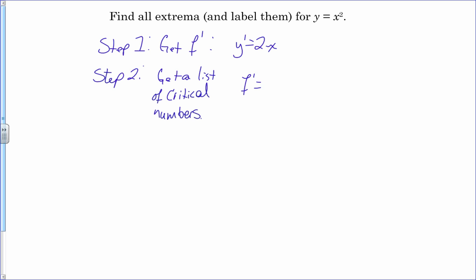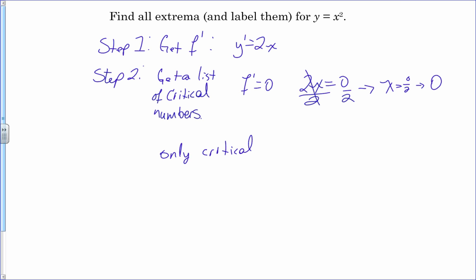So take 2x, because that's f prime, set it equal to 0, and solve for x. We divide both sides by 2, so x equals 0 over 2, which is simply 0. So for our function, our only critical number is x equals 0.